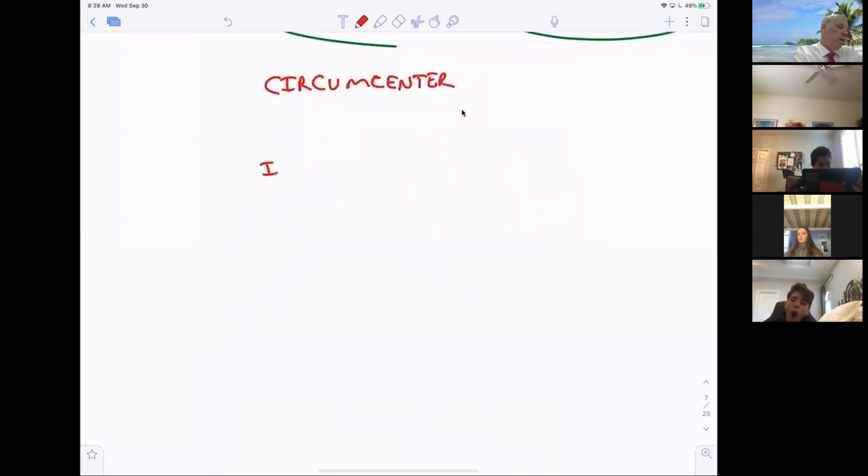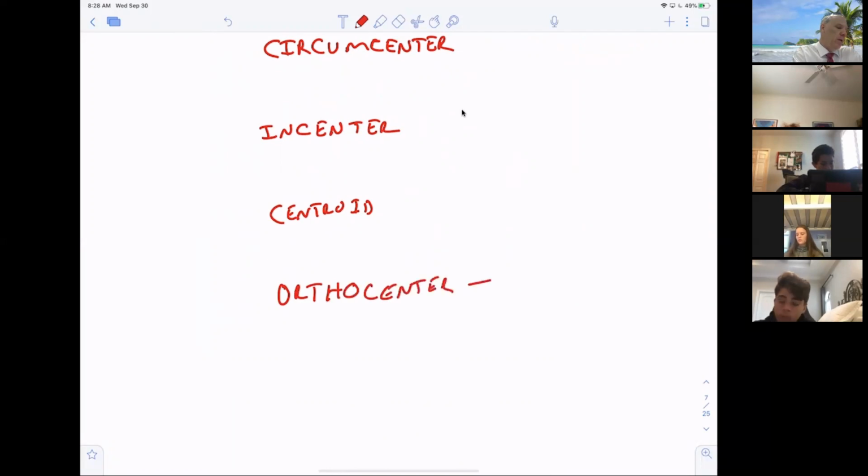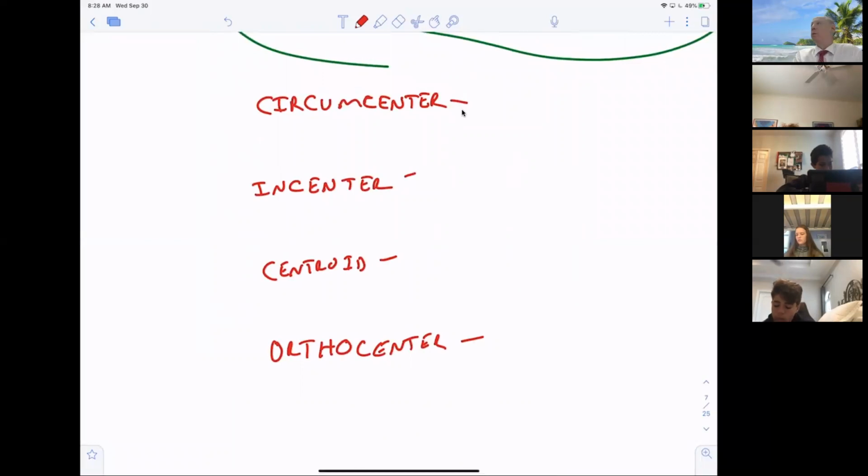Then write the incenter. Then write the centroid. And then write Orthocenter. And now you should be able to tell me a little bit about all 4 of those.